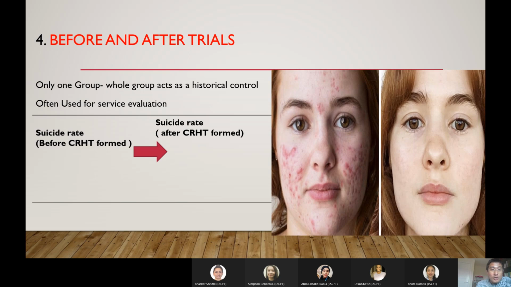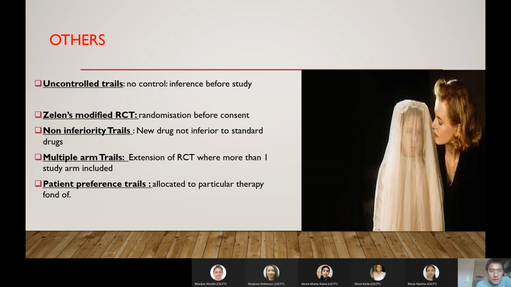This is the before and after trial. One group, for example, before CRT and after CRT. They're not going to ask more detail on before and after trials. There are other types of RCTs like uncontrolled trial, genetically modified RCT, non-inferiority trial, multiple arm trial, patient preference trial.